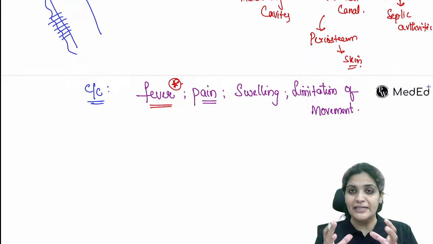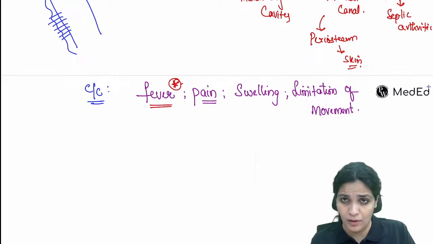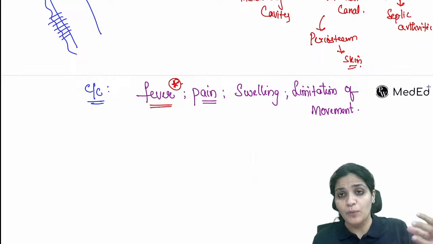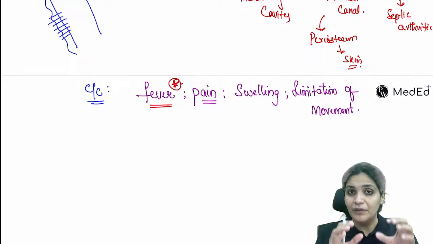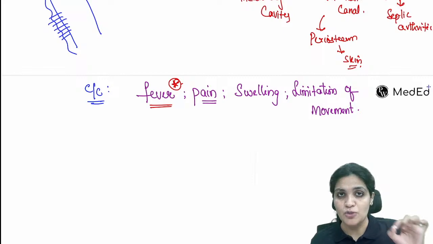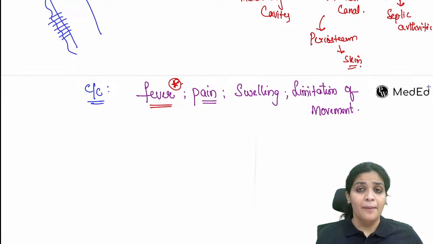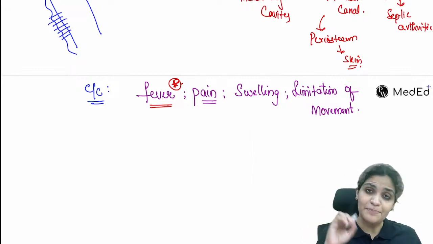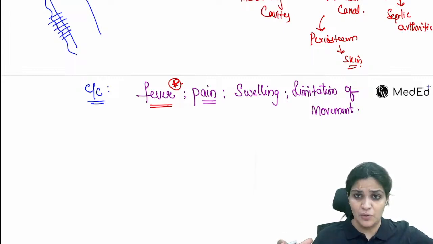For example, if it is the femur or the knee joint, they will have pain on movement of the knee joint, swelling, and episodes of fever before coming to us. Limitation of movement is sometimes called pseudoparalysis, but this term is mostly used for septic arthritis. In acute osteomyelitis it is not completely paralyzed, because the joint is not involved.